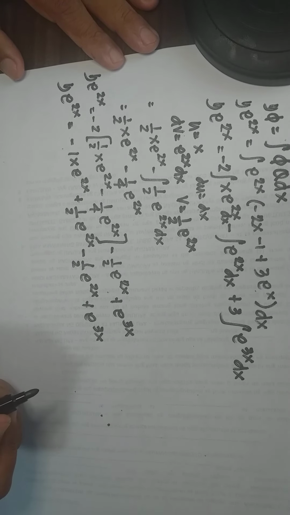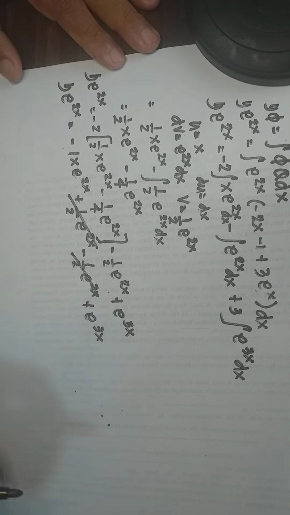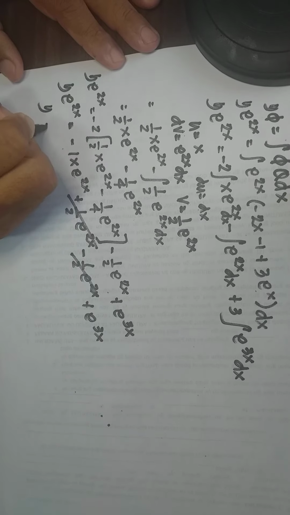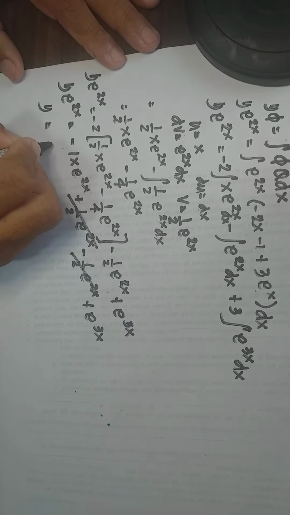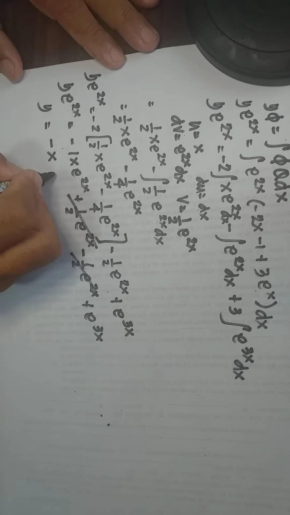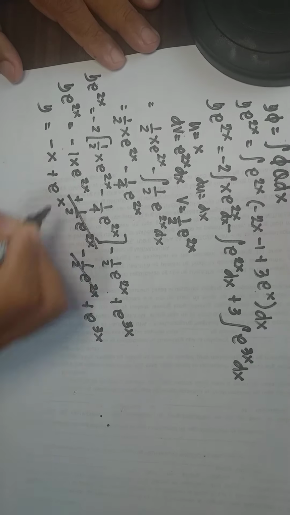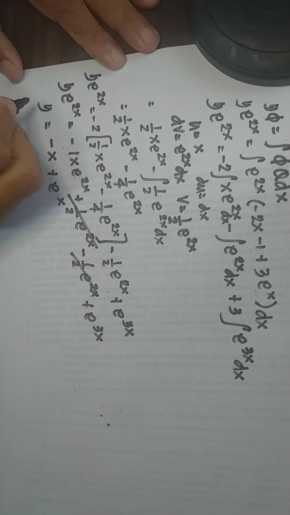Dividing everything by e to the 2x, but wait, we can cancel this now. So dividing everything by e to the 2x, we have y is equal to -x plus e to the x. That is y.